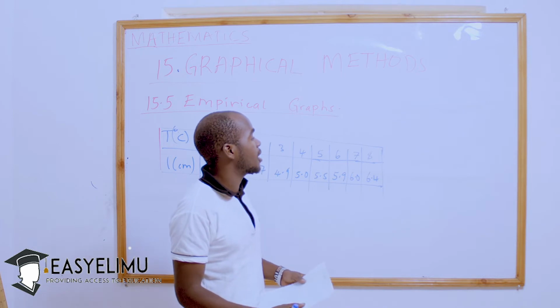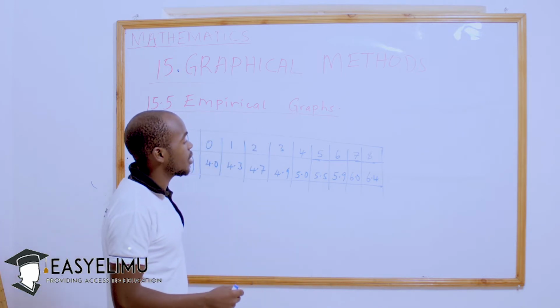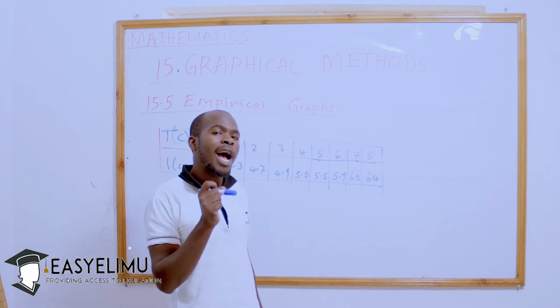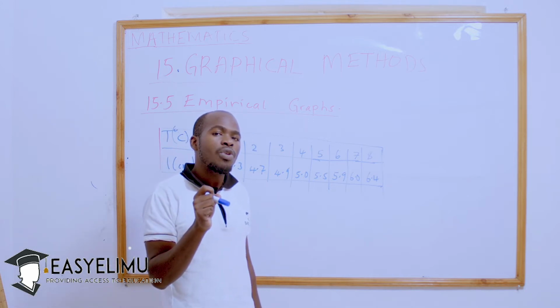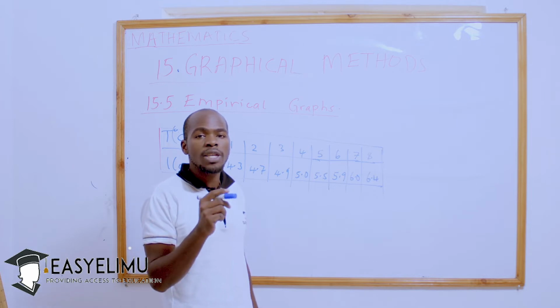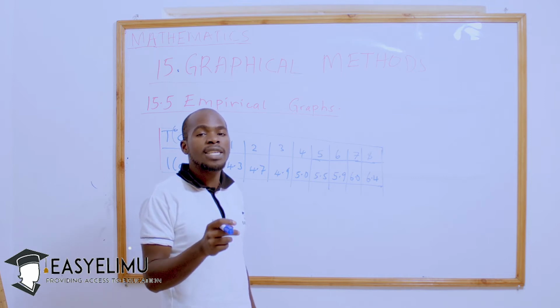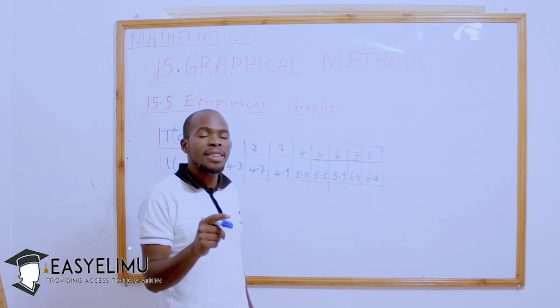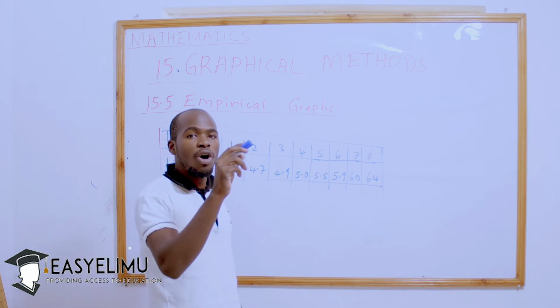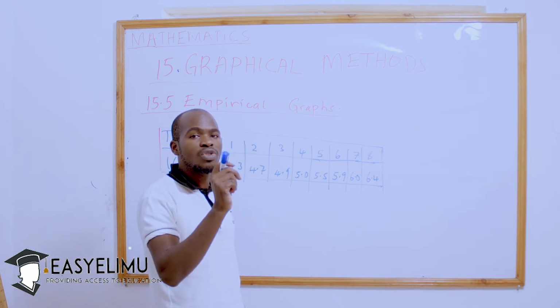And if you plot those points on a graph, they will give you a certain pattern, whereby that pattern will direct you which kind of graph to draw. If it's a linear pattern, you will find the points lie along an almost straight line.